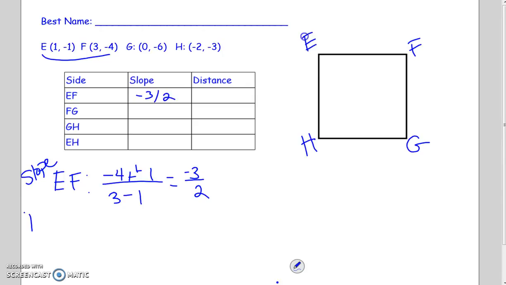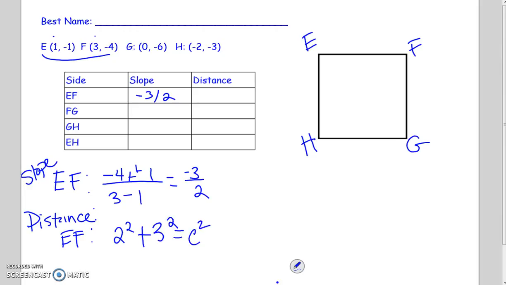Then if I want to find distance, or the length of the line, on EF, I do 1 minus 3, which is -2, and I'm going to make it positive because I know it's a distance. -1 minus -4, which is 3.